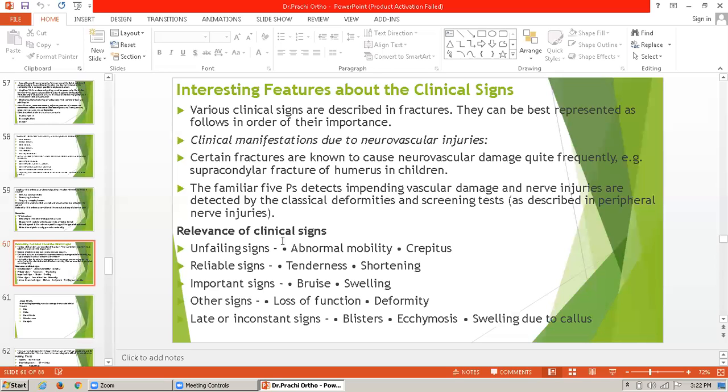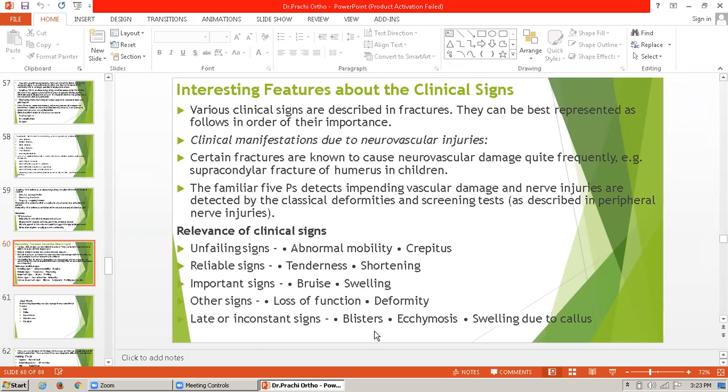As for the prevalence of the clinical signs, the unfailing sign is abnormal mobility and crepitus. Reliable signs are tenderness and shortening. Important signs are bruise and swelling.